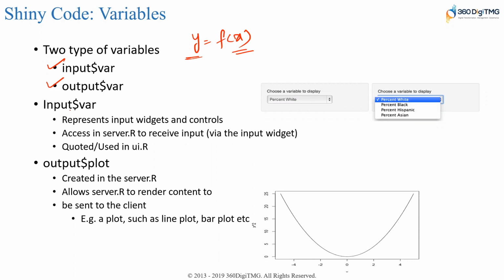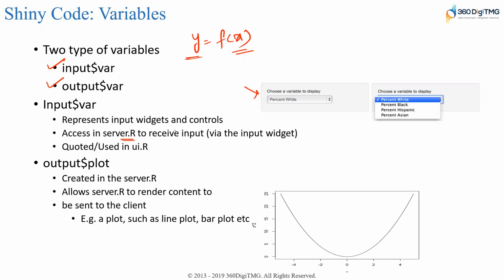The input variable represents the widgets, the controls that the user is going to choose from, right? And the access to these inputs is given in server.R. That's where your entire R code and the data is present, right?